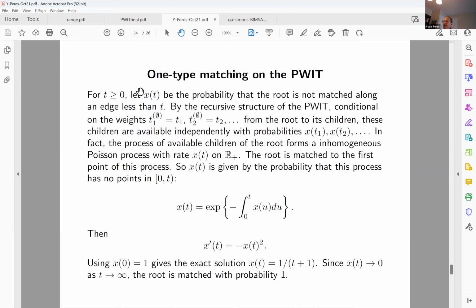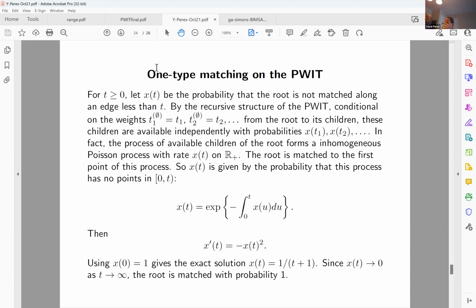So if x of t is the probability that the root is not matched along an edge of length less than t, in this warm-up problem, we look at the weights from the root to its children, and for each of these children we ask, is it available to the root?